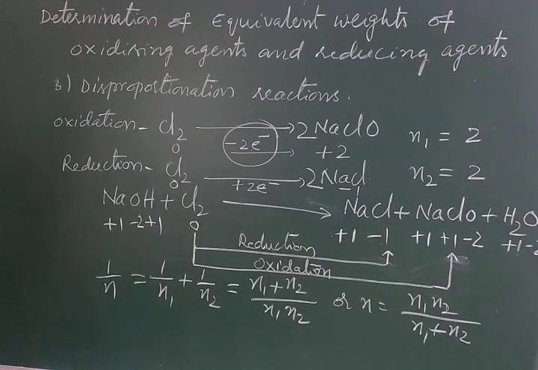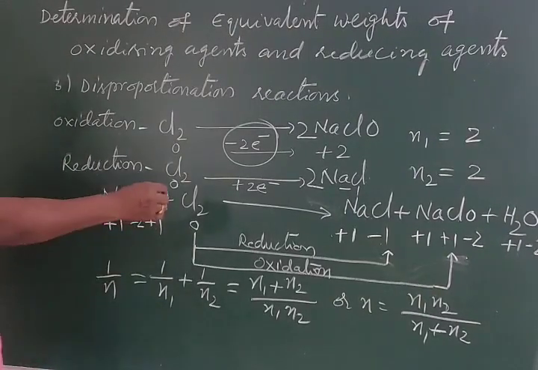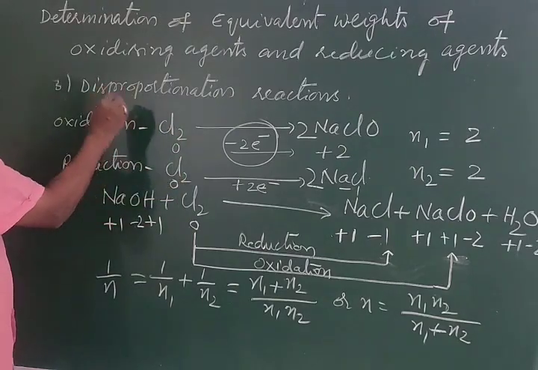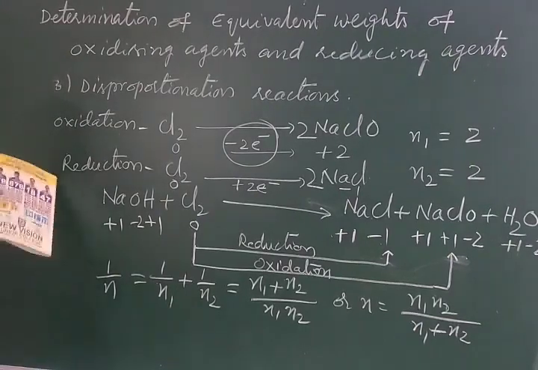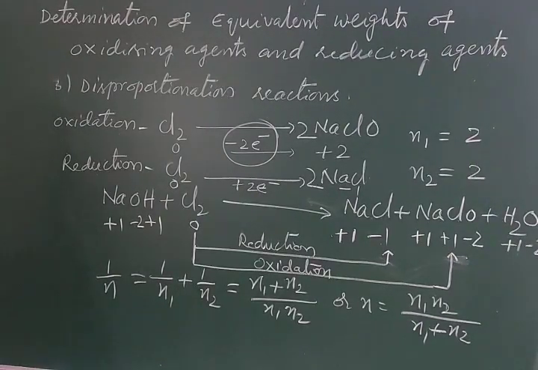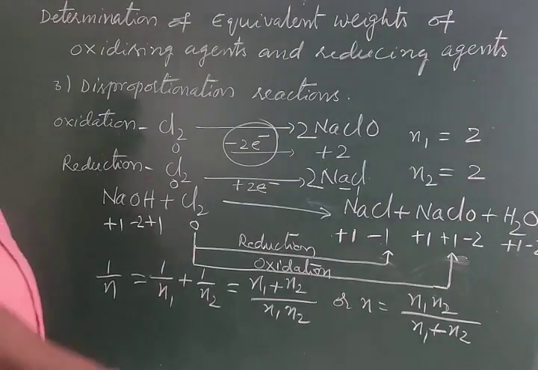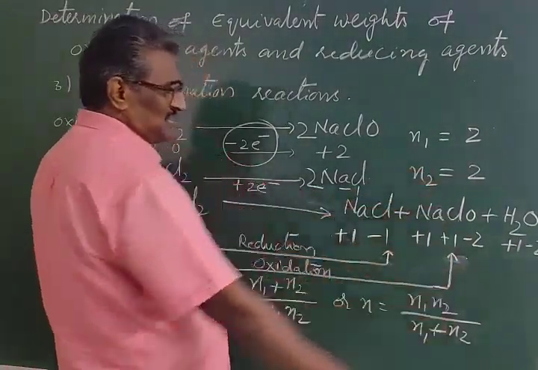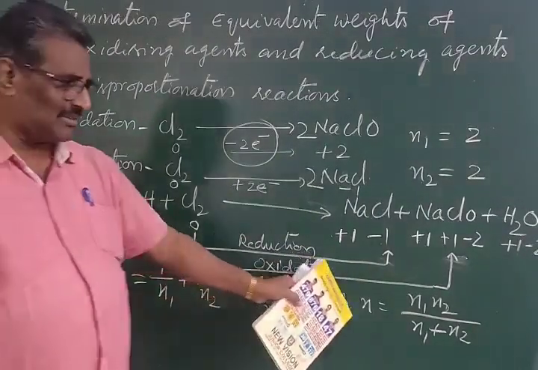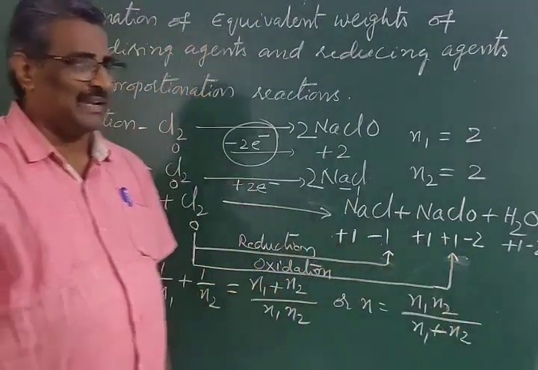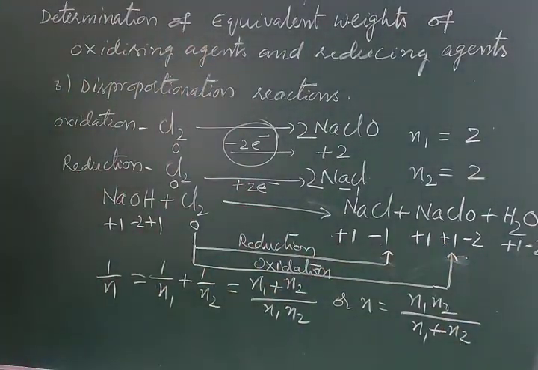So how do you find the n factor of a disproportionation reaction? The reaction is considered as only oxidation reaction. For that reaction we find the n factor, suppose it is n1. If the reaction is considered as only reduction reaction, the n factor is n2. Then the n factor of the resultant reaction n is equal to n1 n2 by n1 plus n2.